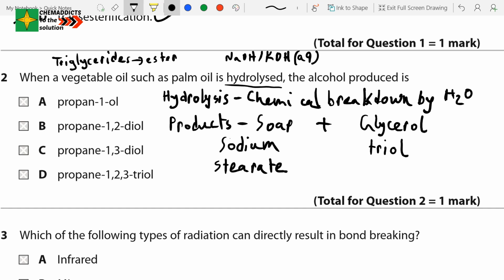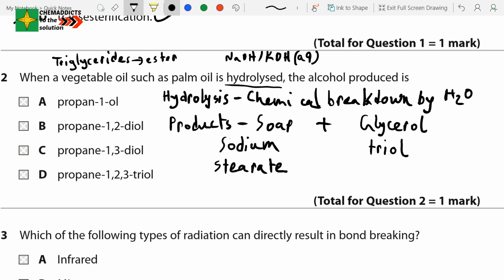Triglycerides react with aqueous sodium hydroxide or potassium hydroxide to give the products soap, that is sodium stearate, and glycerol, which is triol.